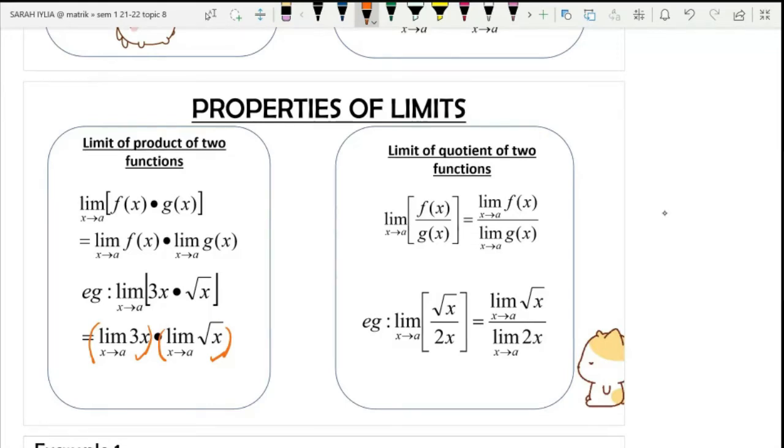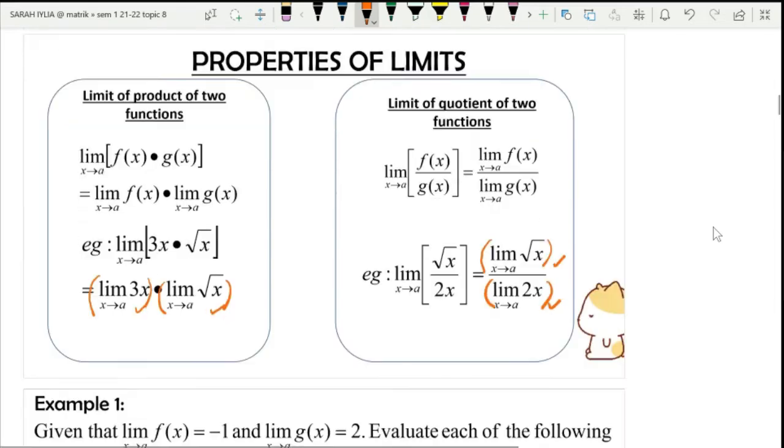Sama juga, kalau kita ada dua function tu yang bahagi, kita boleh pecah limit of the first function divided by limit of the second function. Contohnya kat sini, limit of third x divided by 2x. So dia boleh jadi limit of set x divided by limit of 2x. Kita boleh pecahkan dia kepada two different limit. Okay, that's all for properties of limit.